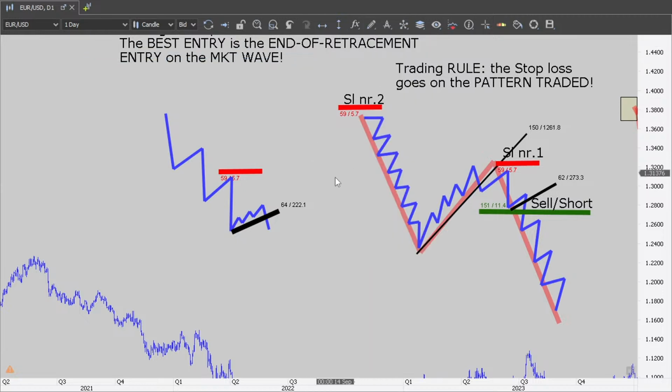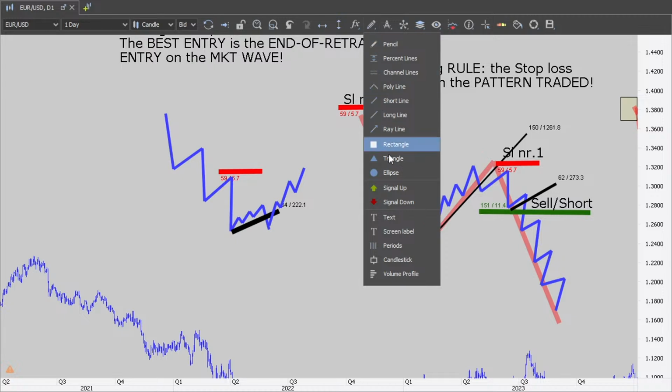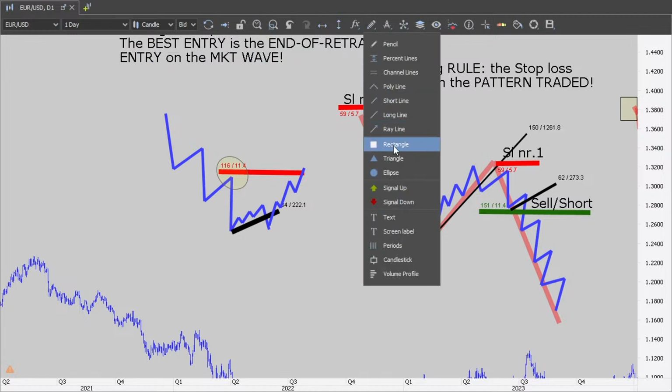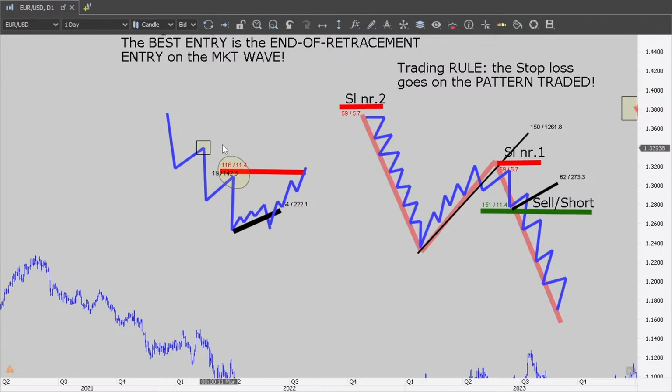Why is that? Because if the market goes against you at this level, it is going to break the pattern. Do we agree on that? If the market stops you out on the stop loss on the blue, it is going to break the downtrend. You are not in a downtrend anymore.